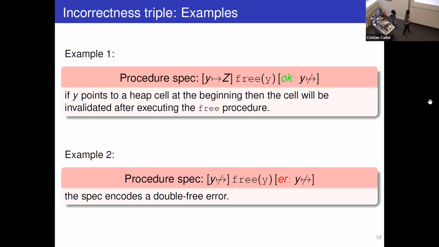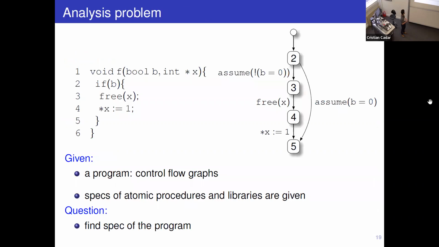In the second example, if y has already been deallocated and we free it again, we will get an error. That's the double free error. That's the triple to summarize normal execution and abnormal execution.